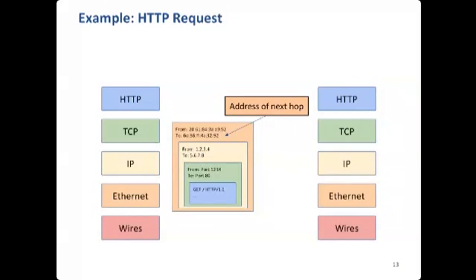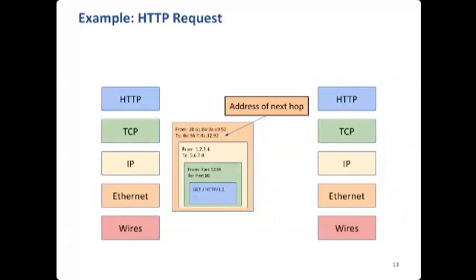Now this packet comes to the Ethernet level, wherein we write the Ethernet from address, look at the top, which is the source address of that Ethernet, and the destination address is on the second line from the top. You can see the address of the next hop.